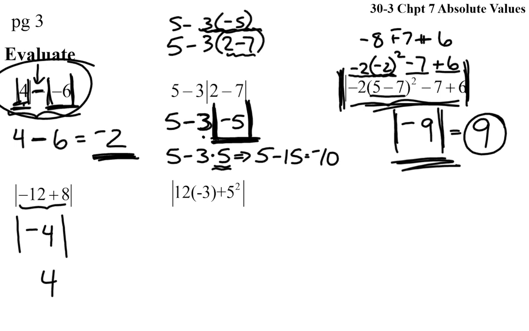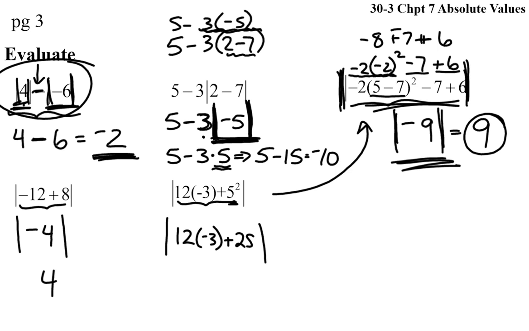And the last one, kind of similar to the one we'd done previous, we just need to do all the calculations underneath first. Order of ops, exponents first, so we have the absolute of 12 times negative 3 plus 25, because I did the exponent first. Multiply, absolute of negative 36 plus 25.